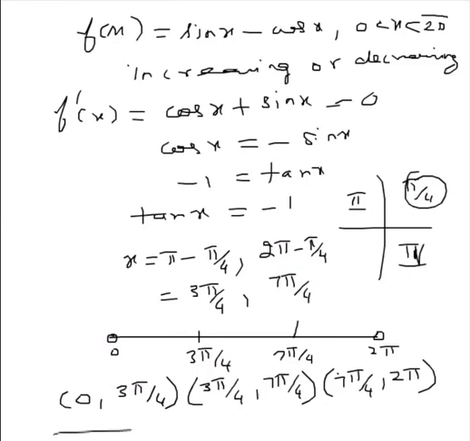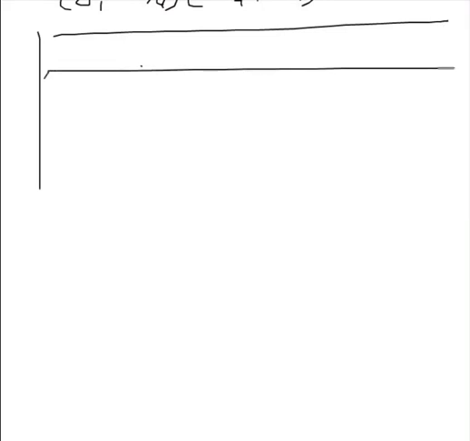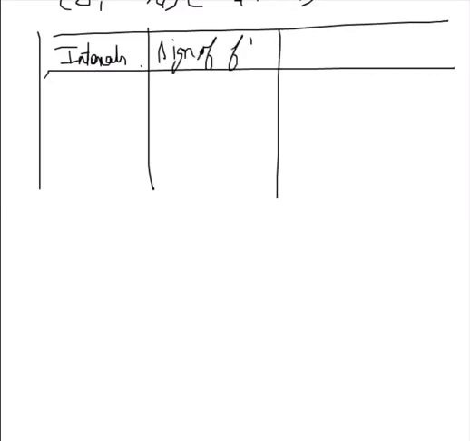Now in each interval we have to check. So intervals, sign of f dashed, nature of f. I am writing the intervals which we got.